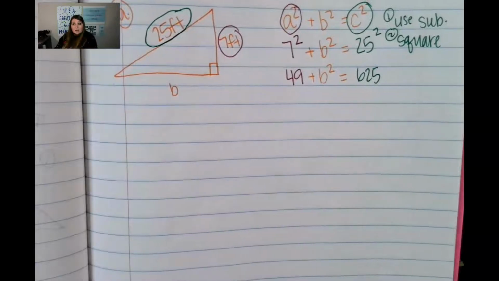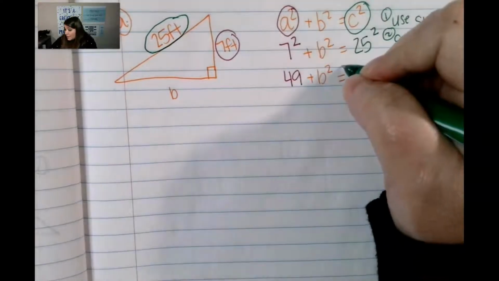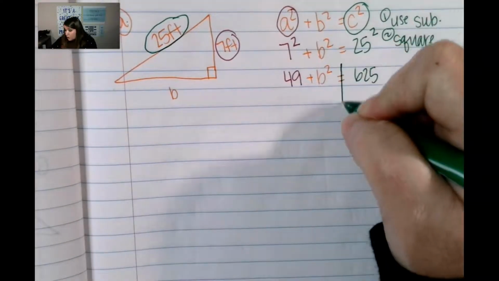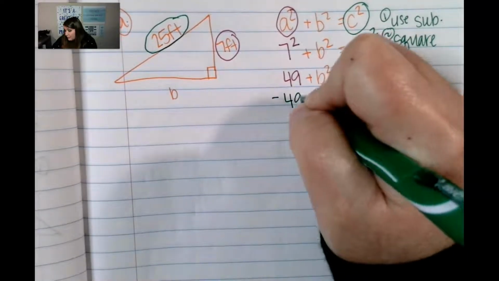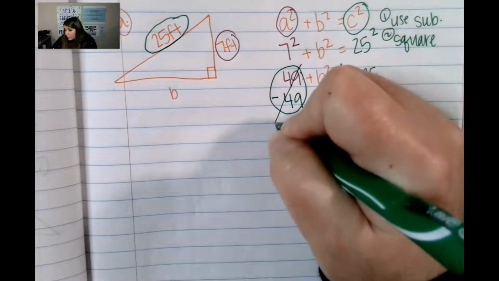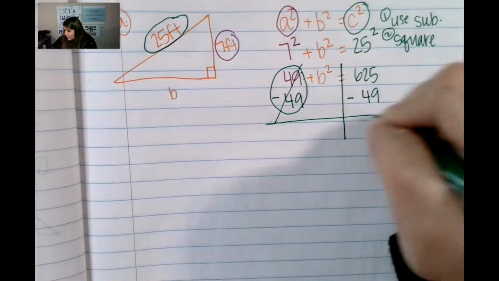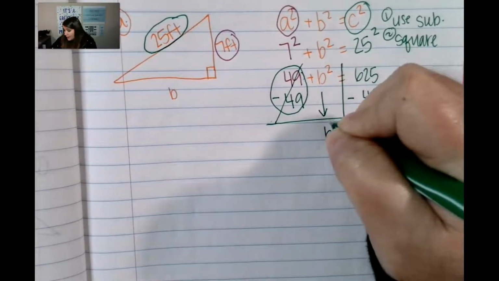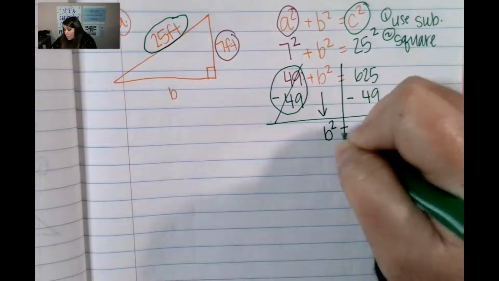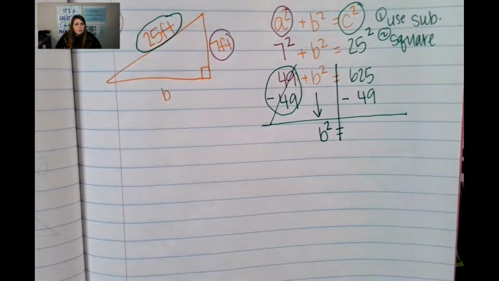So our job right now is going to be to isolate this variable. So I'm going to draw my balance line, and I am going to subtract 49 from here. So that goes away, and I am going to subtract 49 from here. I'm then going to just drop down. Instead of 1b, I now have b squared or b times b. So now I'm just going to solve this by using subtraction.